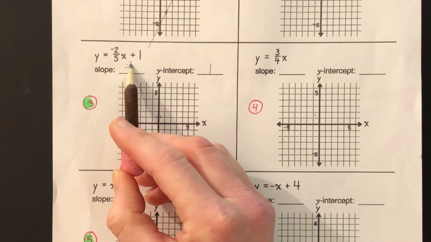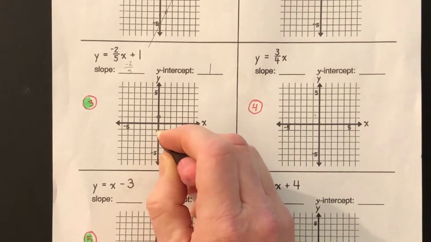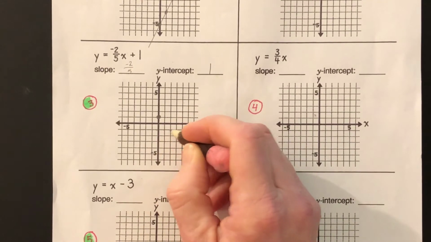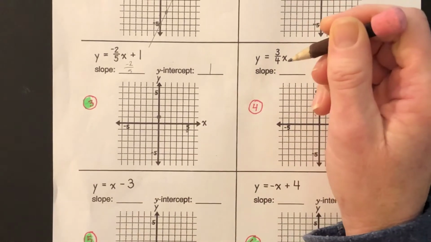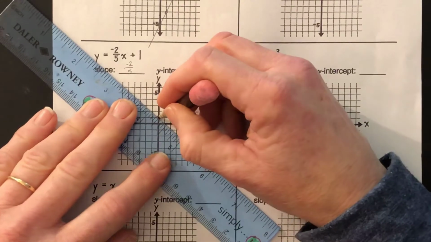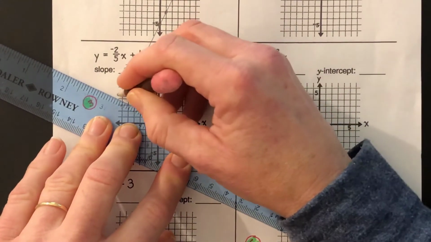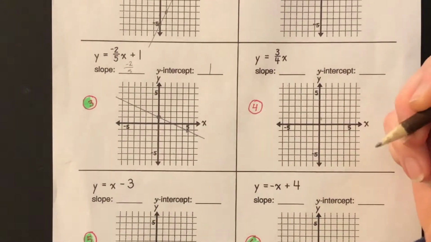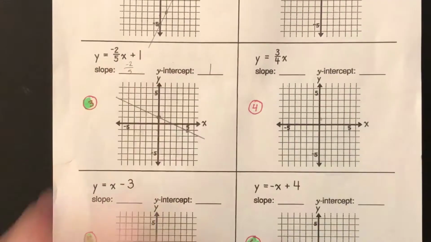Since negative 2, we go down 2. 1, 2, and now over 5. 1, 2, 3, 4, 5, right here. Now we draw our line. See how the negative slope faces that way?